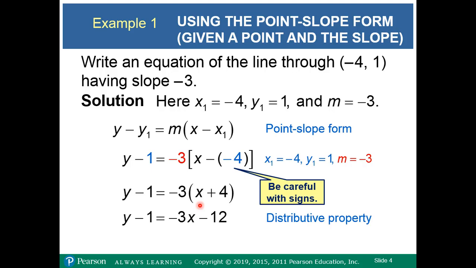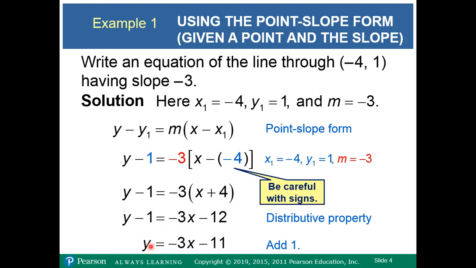Now, the only thing here is we use the distributive property, distributing the -3. So you get -3x plus 12. And then you add 1 to both sides, and you get this. Now, this is the equation of a line, but we used the point-slope form to get to this equation of a line.